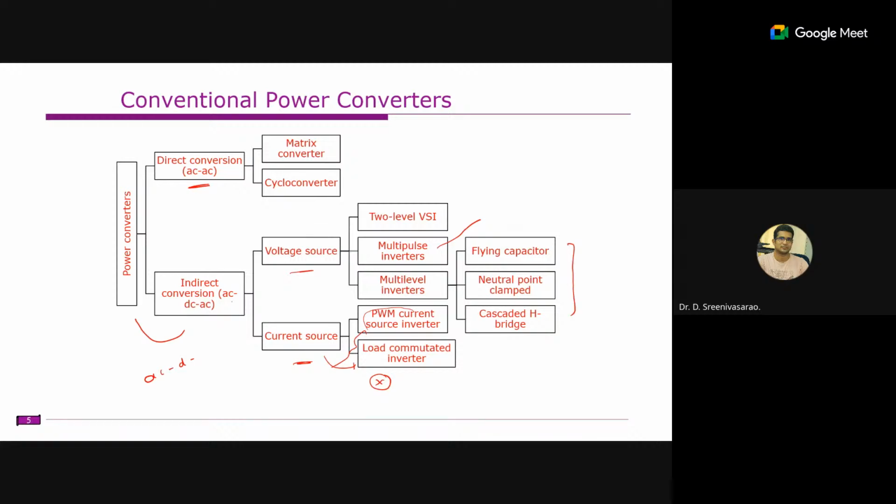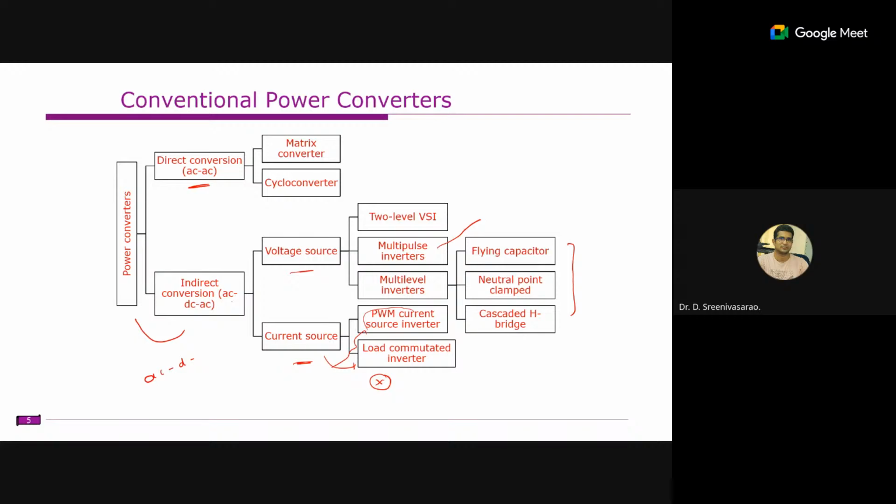And later on, from the past 5-10 years, a lot of research is happening here. So we have so many inverter topologies, more than 1,000 inverter topologies right now, available in the literature.